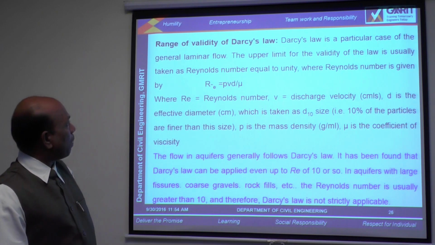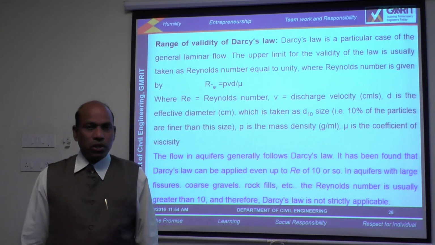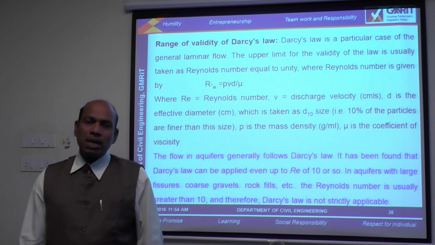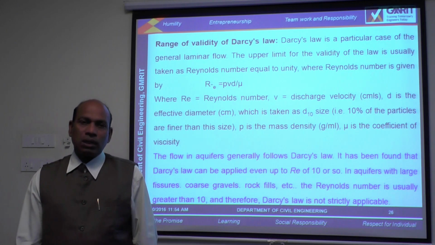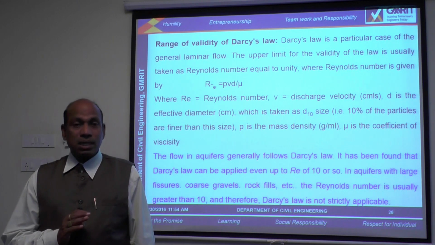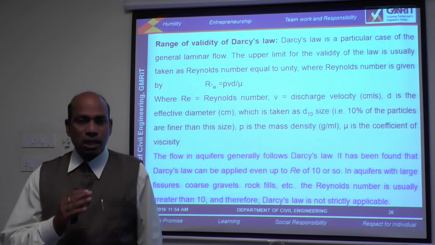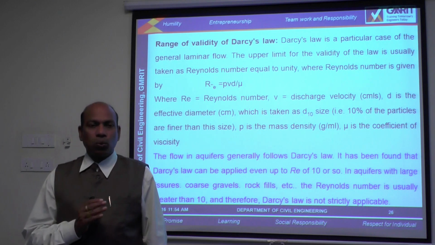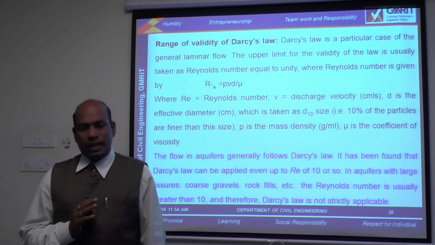Next, validity of Darcy's law. Generally in a soil mass, in an aquifer, the flow is laminar. If the flow is laminar, the upper limit of Darcy's law is a Reynolds number equal to unity.